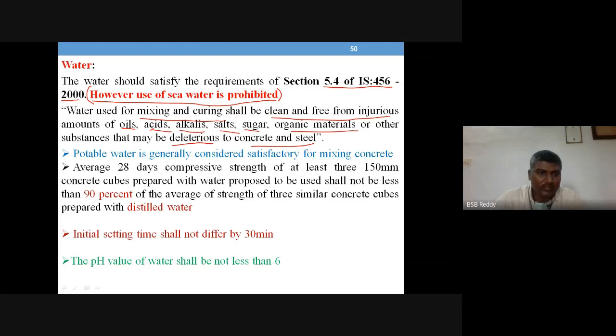In general, even when you want to prepare normal PCC or RCC, potable water is generally considered satisfactory without any testing.